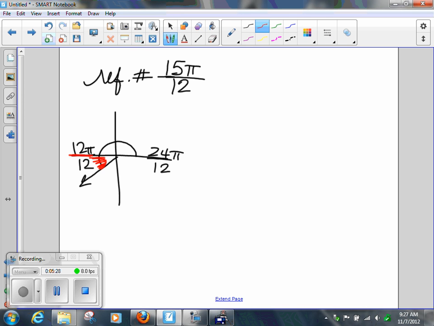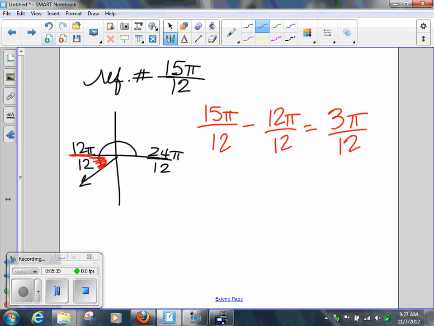So I'm going to take 15 pi over 12 and subtract 12 pi, and it gives me 3 pi over 12. Now, what would you do in this case? Simplify. 3 pi over 12 is going to be pi over 4. All we're doing is simplifying.